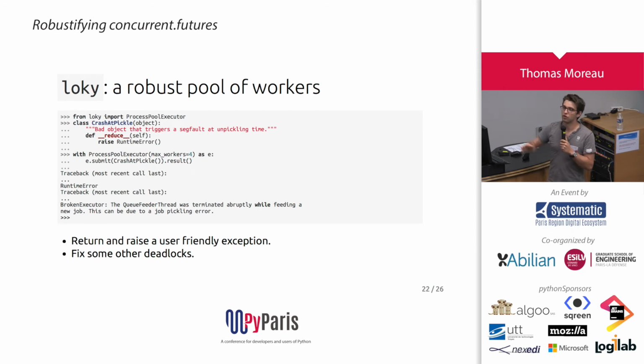We also fixed other deadlocks that are more due to race conditions and that appear randomly, because we think it's really important to have something robust if you want to be able to reuse the pool of workers. If you do something bad at some part of the code, you don't want your code to crash, I don't know, 1,000 lines later with some unknown error.